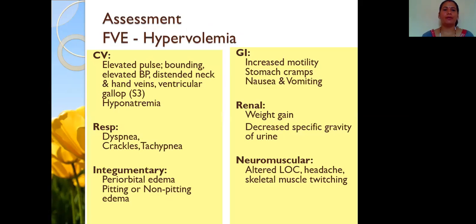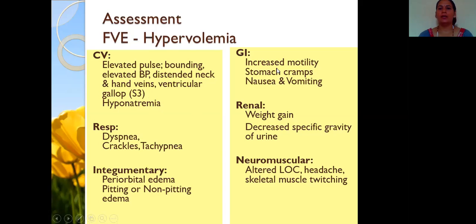Now here are the different clinical manifestations when we perform the nursing assessment of a patient with hypervolemia. In the cardiovascular system: bounding, elevated BP, distended neck veins and hand veins, ventricular gallop, that is S3 sound is heard, which is an abnormal sound usually not heard in the normal condition, and hyponatremia.